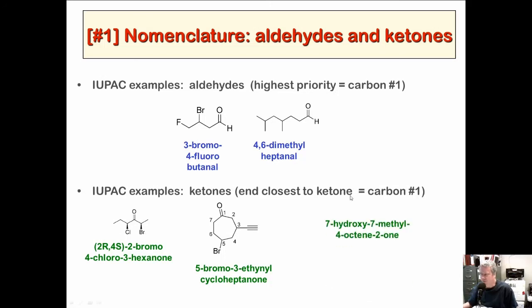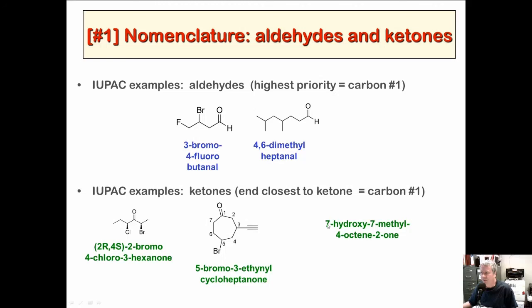Let's try this one going backwards. It's always easier going backwards, right? 7-hydroxy-7-methyl-4-octen-2-one. Okay, so with this kind of name, drawing the structure should be pretty easy. You think 8-carbon chain. Ketone is on number 2. Alkene maybe on number 4.